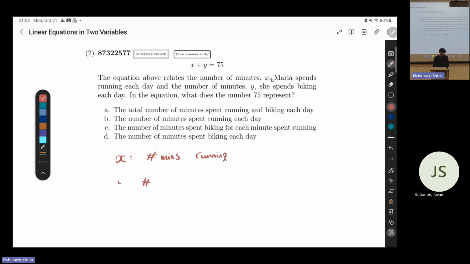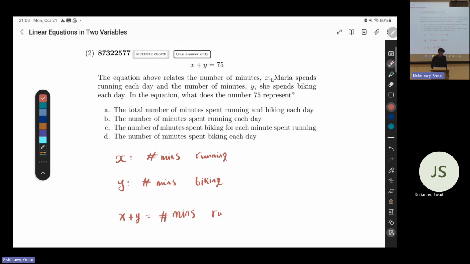And Y is the number of minutes biking. Then what is X plus Y? No, I wasn't looking at the answer. If I want to write it in the same way, so number of minutes doing what? Running and biking, right? That's really what it is.